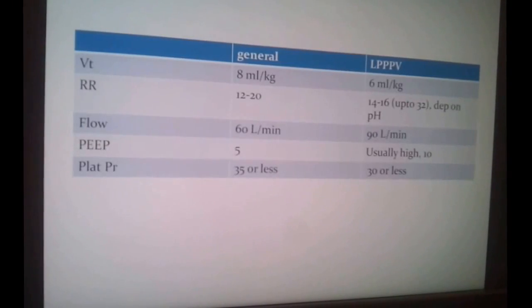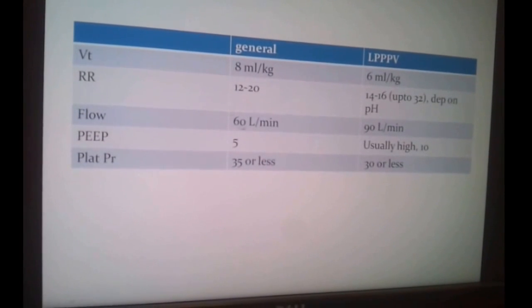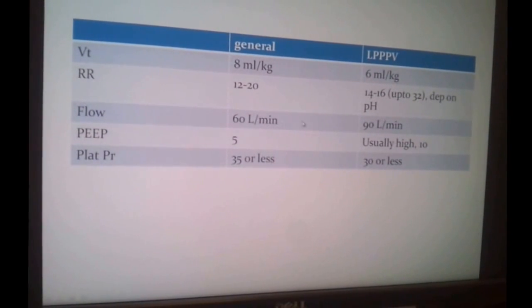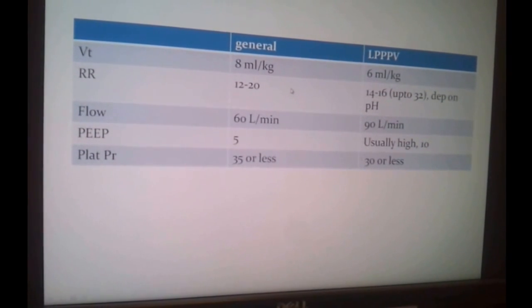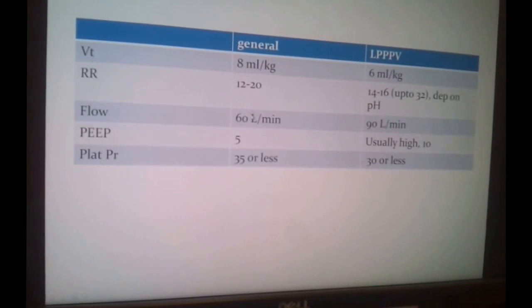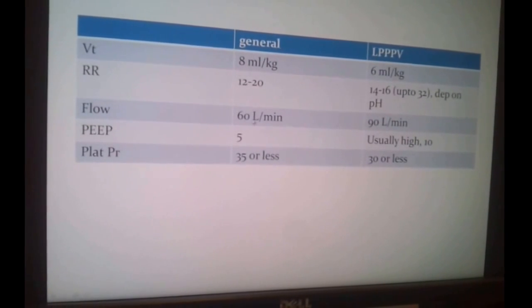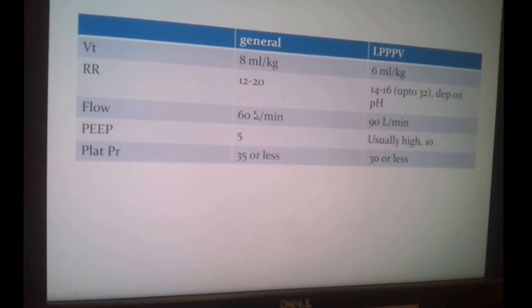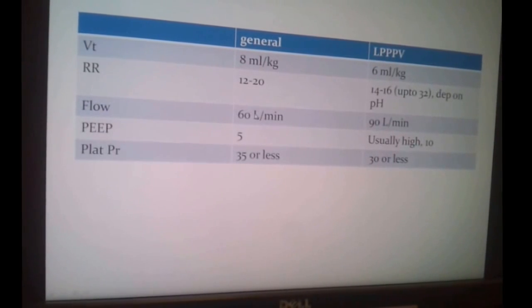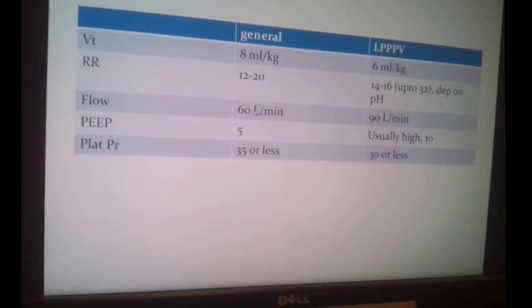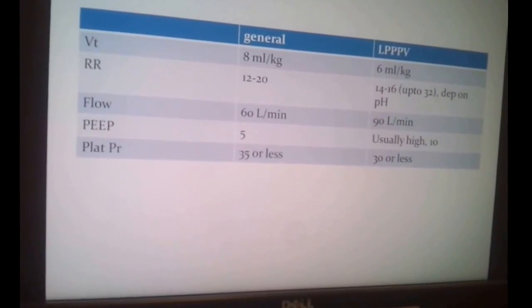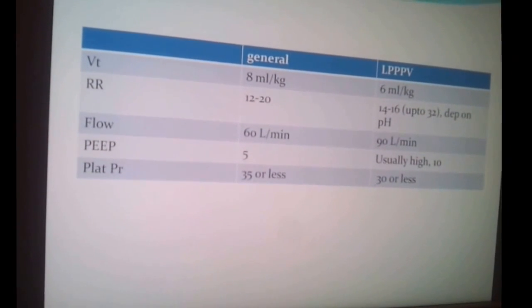Just can I clarify the flow there? If you are decreasing the time inspired, the flow will go up. But if some machine doesn't have auto flow, and you can set the flow separately, which we can't do, can we? No. You can in the C1003 Plus.